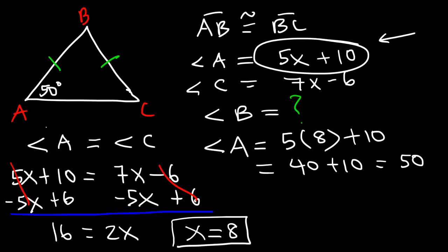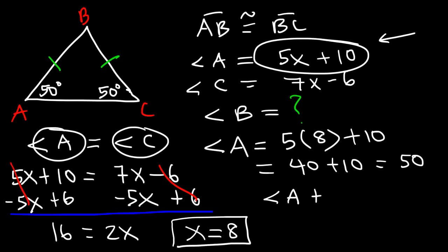Now, if angle A is 50, that means that angle C must be 50, because angle A is equal to angle C. Now, the sum of all three angles inside a triangle always adds up to 180. Any three-sided figure has a sum of 180 degrees. So angle A plus angle B plus angle C has to add up to 180.